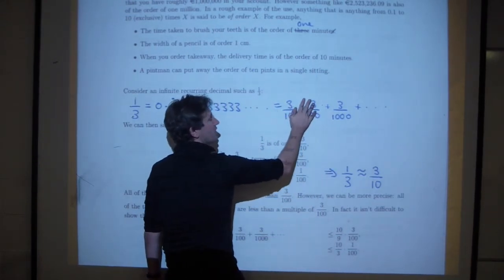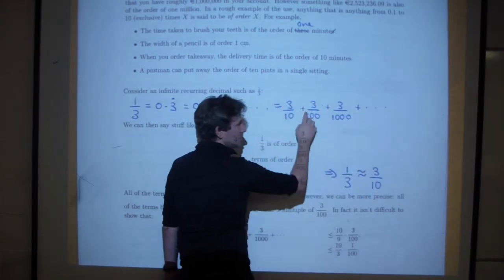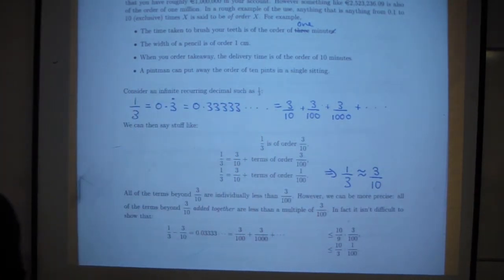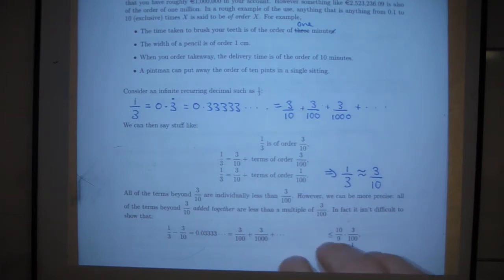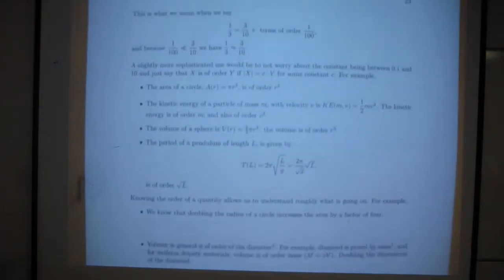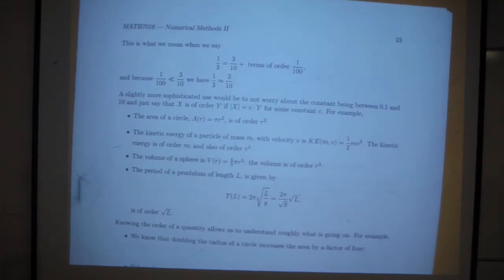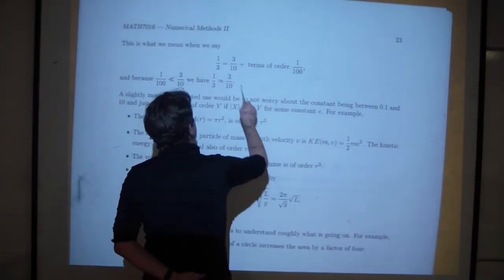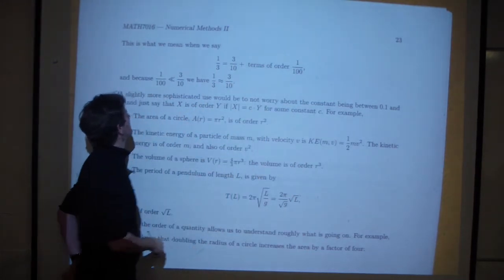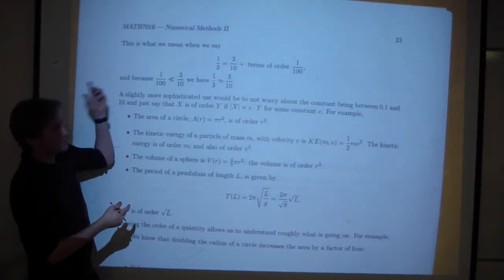So these things are less than 10/3 times 1/100. This becomes very, very important for us when we're analysing this error. Okay, so this is what we mean when we say 1/3 is 3/10 plus terms of the order of 1/100. It's 3/10 plus something that's less than or equal to something times this. And then this is what we wrote on the previous page.